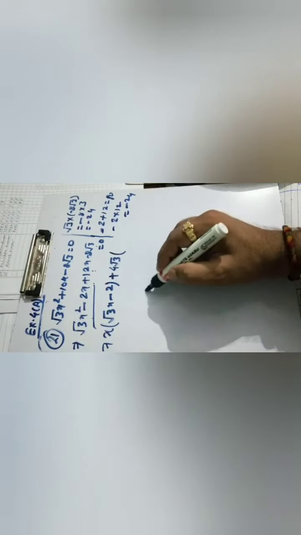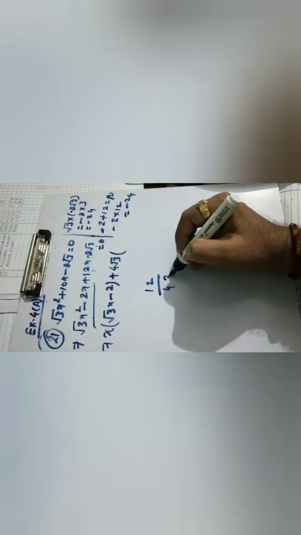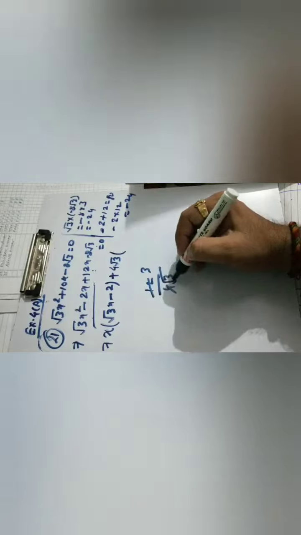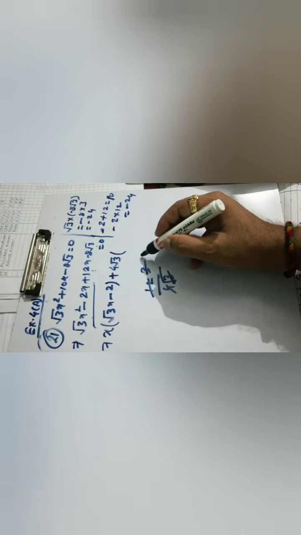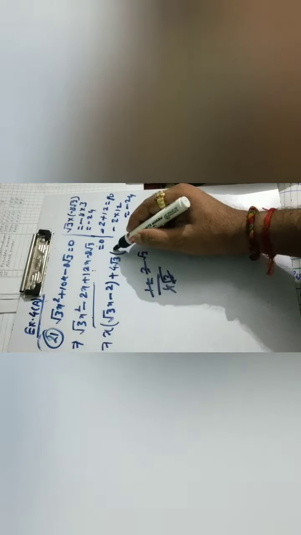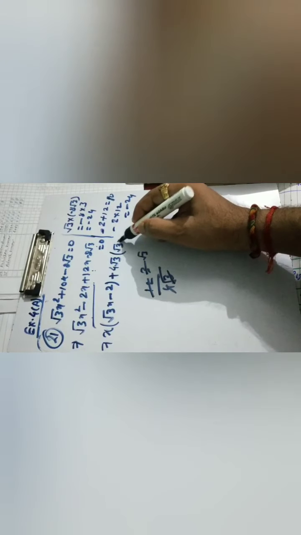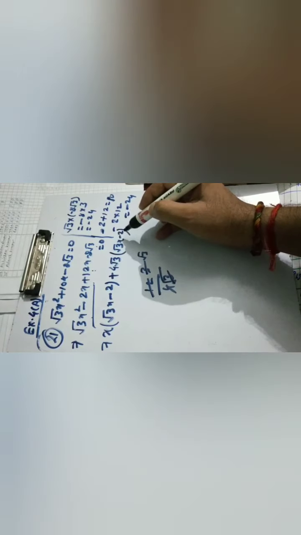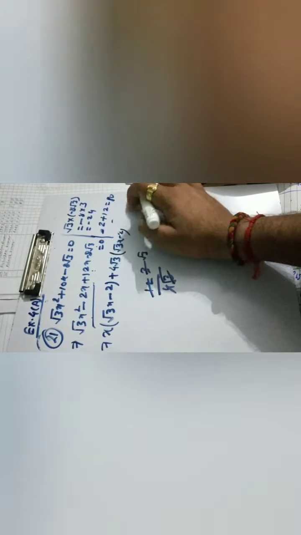Then 12 divided by 4 root 3 will be, 4 3s are 12, and root 3 will divide 3 by root 3 times. That is, root 3 will be left here, and x will also be left here, and minus 4 8s, minus 2 will be left here. Then it will be equal to 0.